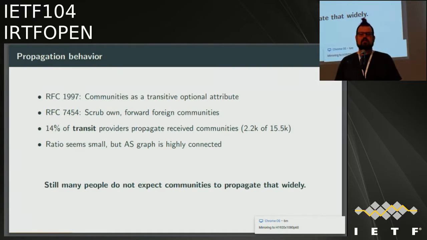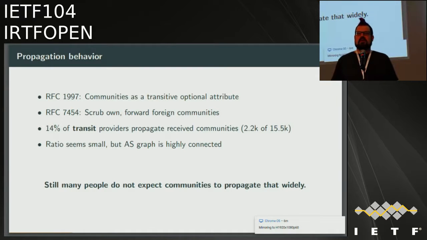RFC 1997 states communities are transitive optional attributes, so they should be forwarded to your peers. And RFC 7454 says you should scrub communities you are using inside your network, so you cannot be manipulated from outside, but forward foreign communities by other ASs. So it should be expected that they are actually propagating through the internet.